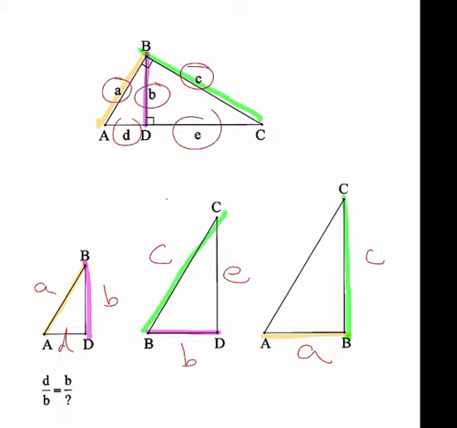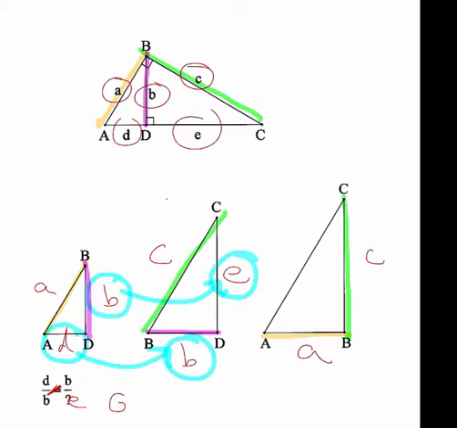So when we set up these proportions, what we notice is the same number gets used twice. So for example, if I was going to compare D to side B, B on the middle triangle, and I wanted to come back and compare B, I would have to compare it to the right side of the middle triangle, which would be E. So what we get is this proportion that says D over B equals B over E. And this relationship right here, where B is across from itself in a proportion, is called the geometric mean.